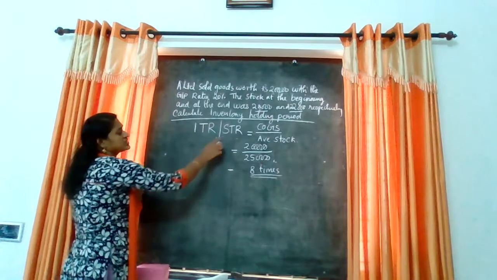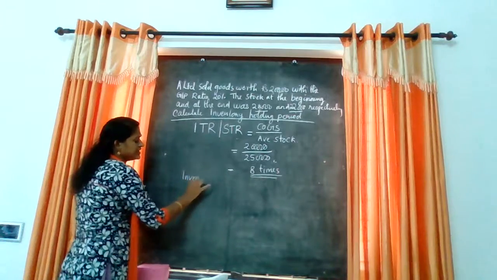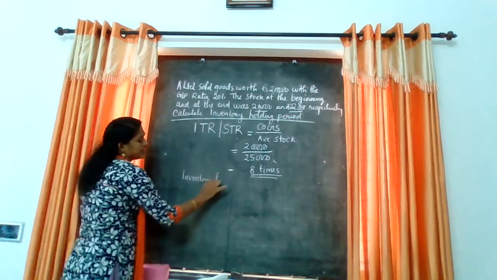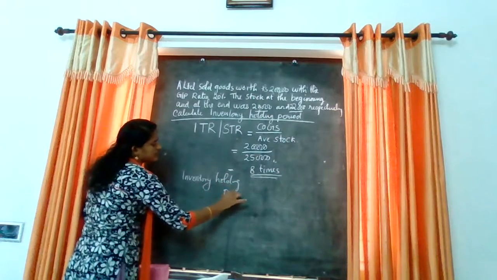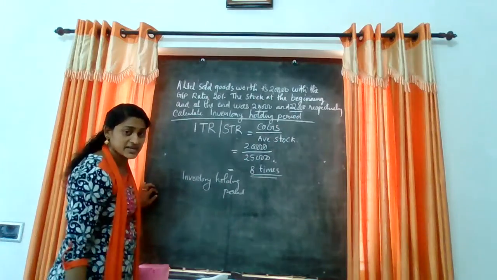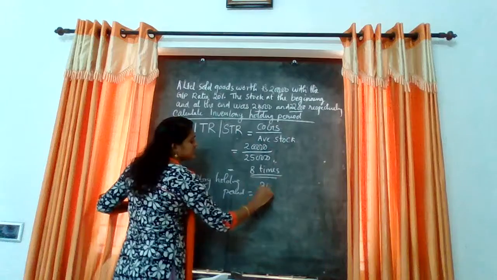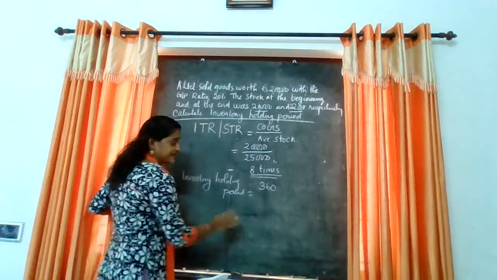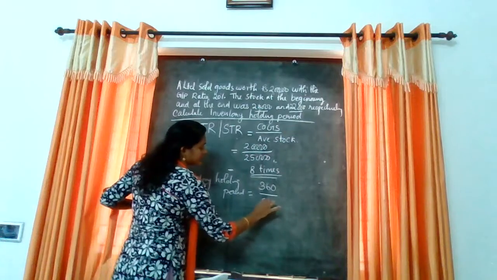Now we can use this for calculating inventory holding period. What is the equation for calculating inventory holding period? Inventory holding period is equal to 360 days in a year divided by STR.